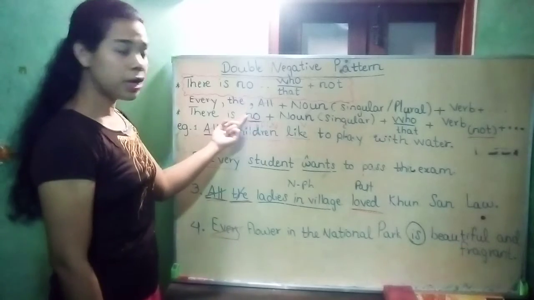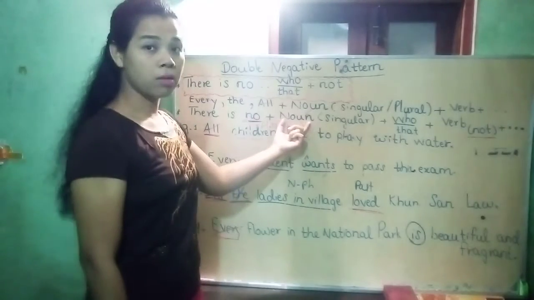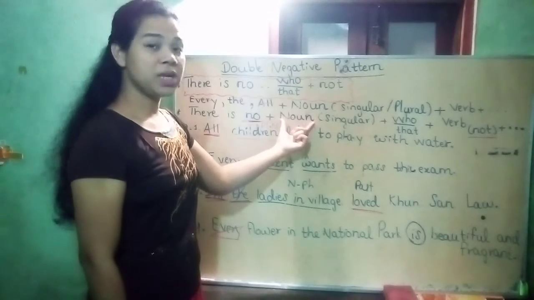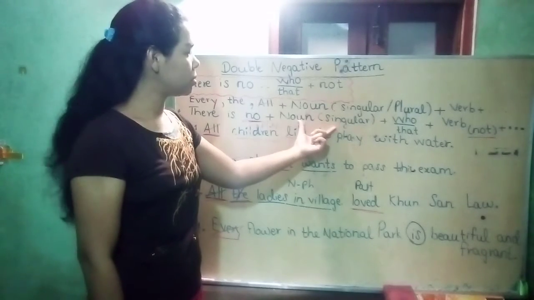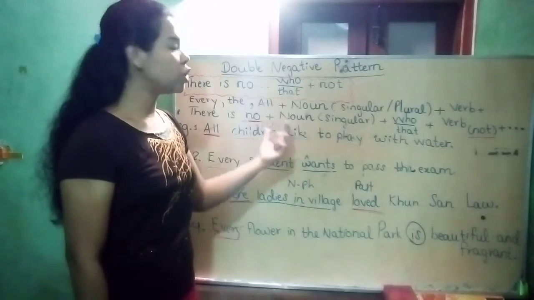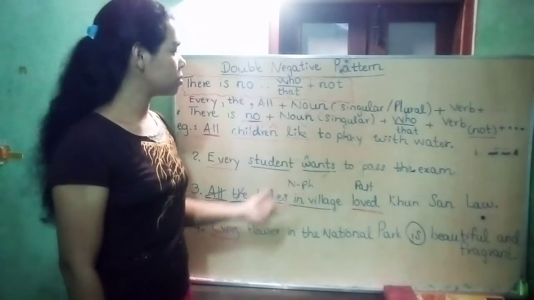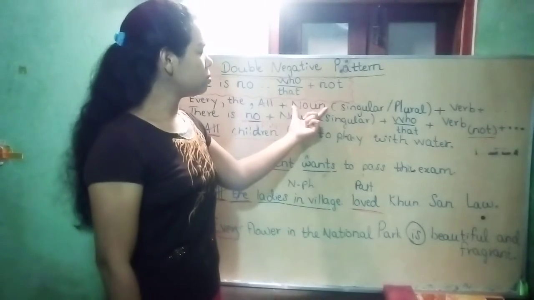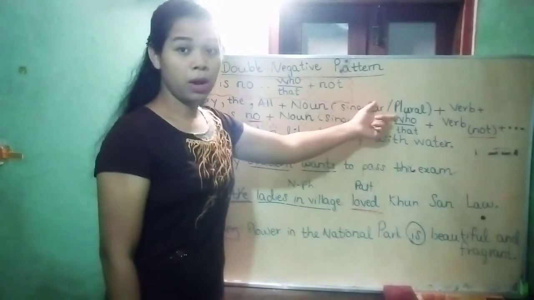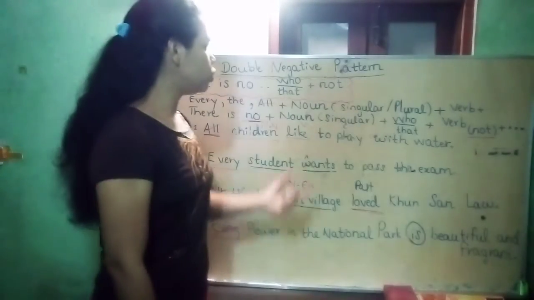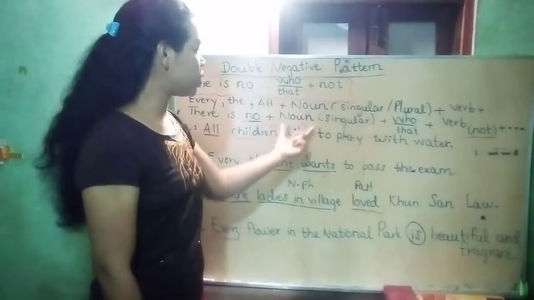The negative form no is followed by a noun, which must be a singular noun. So please be careful about the noun. You need to focus on the noun, which may be singular or plural. Whether the noun is singular or plural, you need to change it into a singular noun.